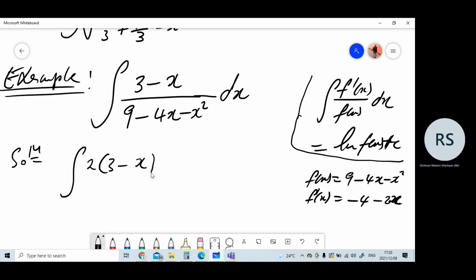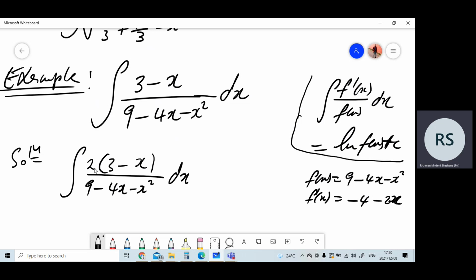I introduce 2 because I need this term to have minus 2, but when I introduce 2, I need to divide by 2. So 2 divided by 2 is 1, and I still have the same thing here. I didn't affect the value of this.